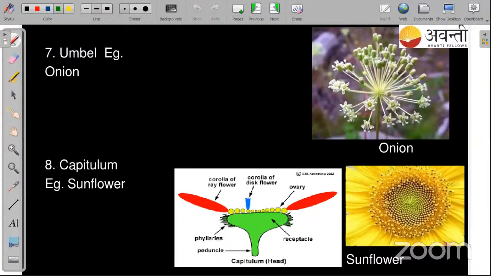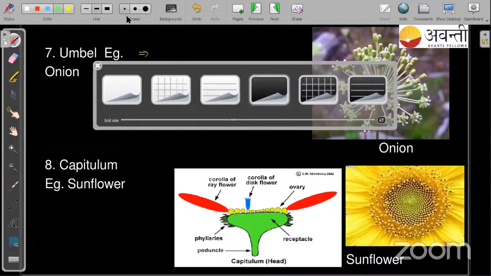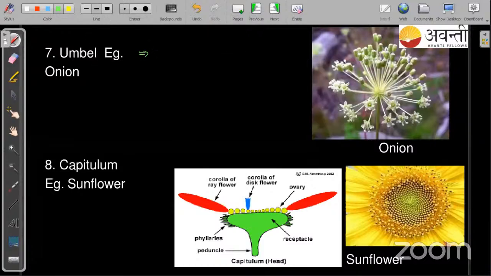Then what is meant by umbel, guys? It contains a number of short flowers. And all the stalks of the short flowers are attached to one point.